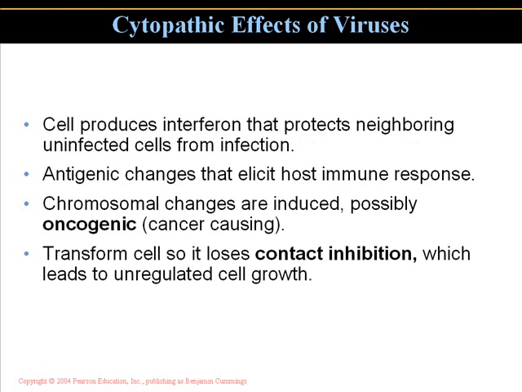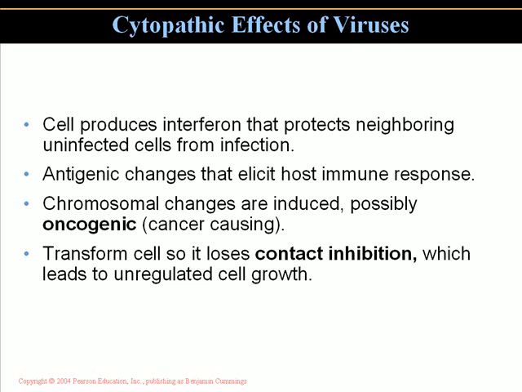We also see cells produce interferon that protects neighboring unaffected cells from infection, antigenic changes that elicit a host immune response, and chromosomal changes that induce the possibility of oncogenic, or cancer-causing, viruses. You see transformed cells, which lose contact inhibition, which leads to unregulated cell growth.